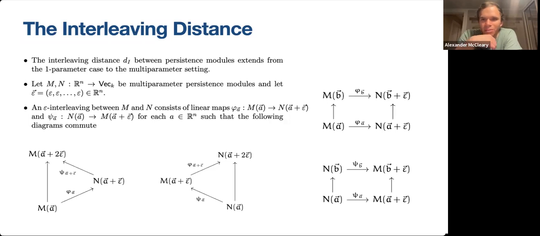These diagrams are pretty much the same diagrams we saw in the 1D case, so we're not going to go over them. We're not going to spend too much time on the interleaving distance here. But the moral of the story is that we can define a distance on multi-parameter persistence modules in roughly the same way that we could on one-parameter persistence modules.